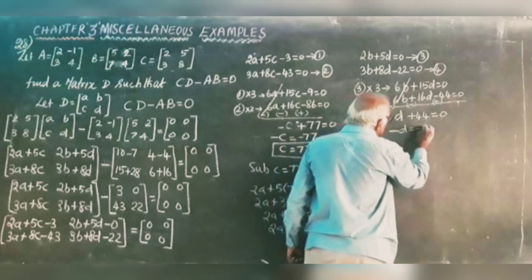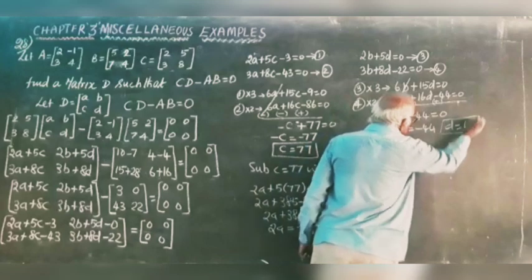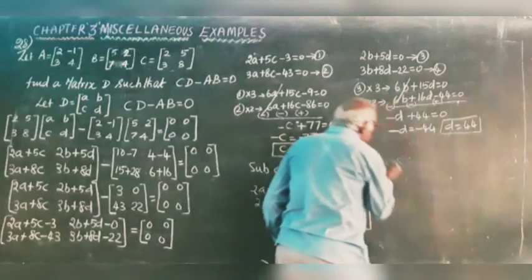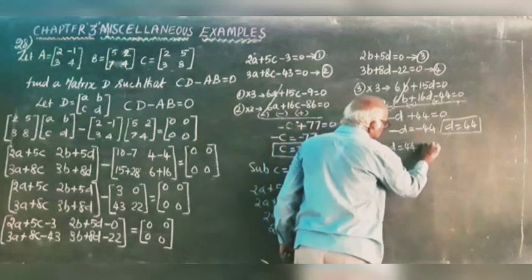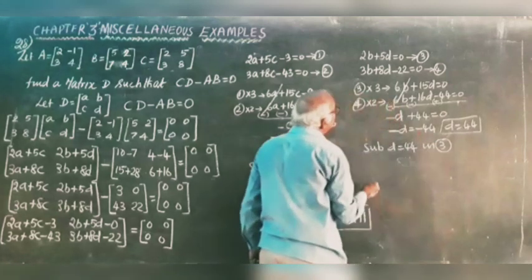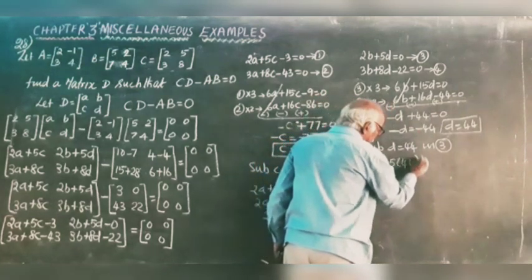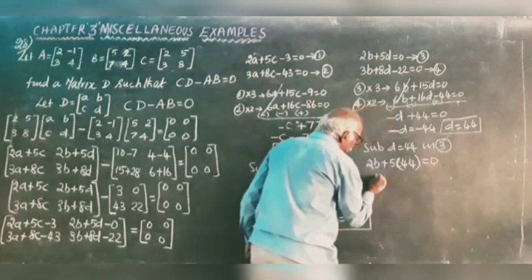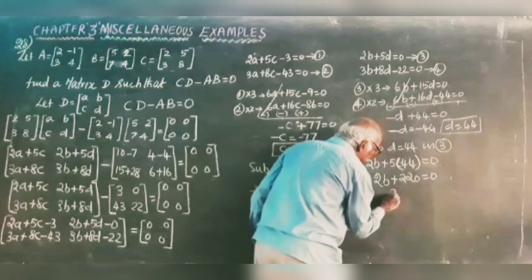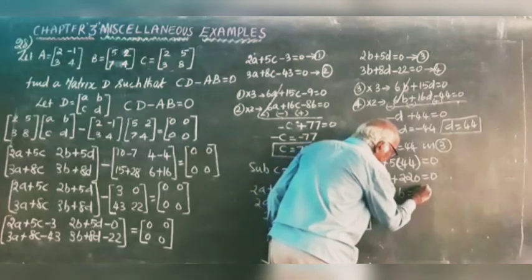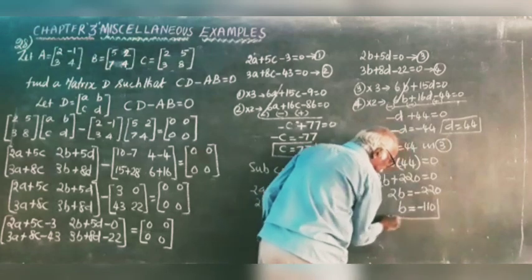Minus d equal to minus 44. Therefore, d equal to 44. Substitute d equal to 44 in 3. 2b plus 5 into 44 equal to 0. 2b plus 220 equal to 0. 2b equal to minus 220. b is equal to minus 110.